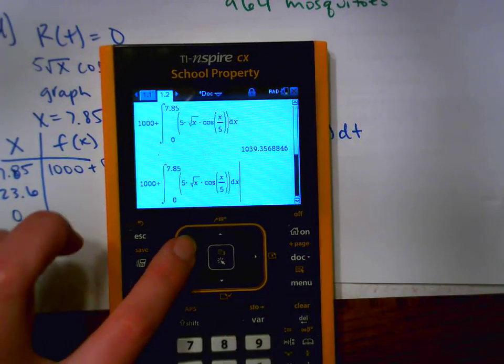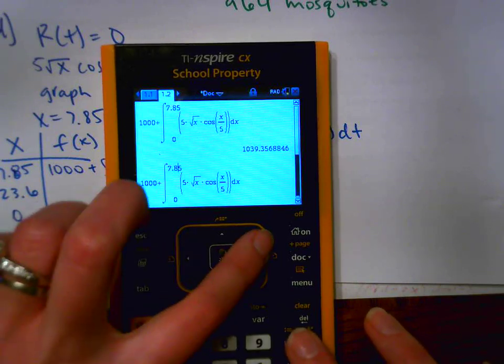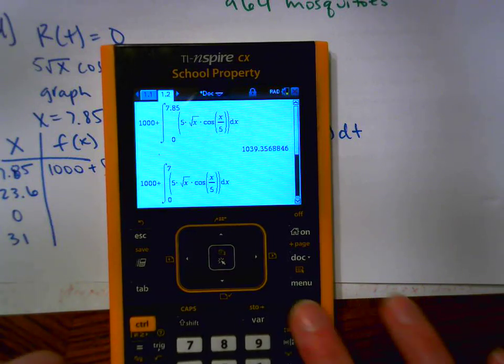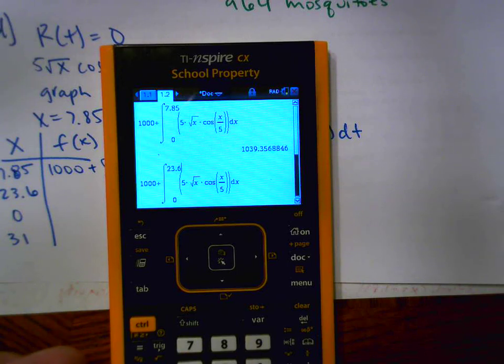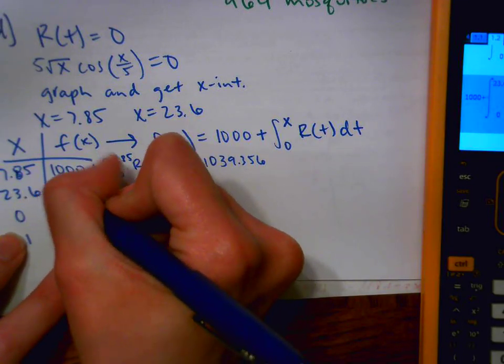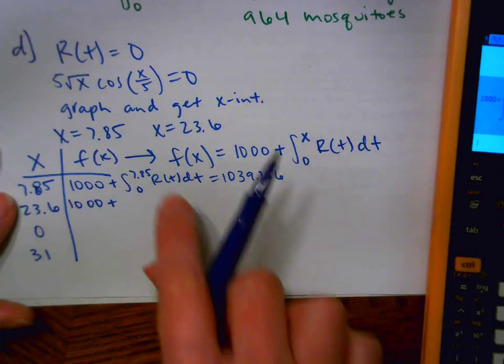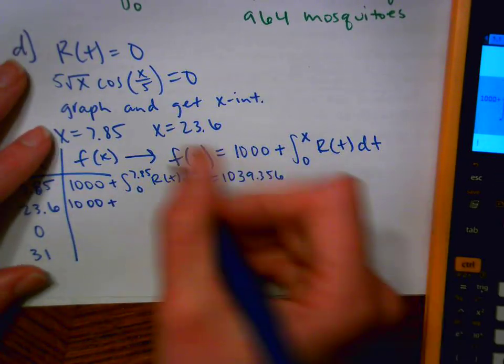Then we're going to do 23.6, the next x value we're going to test. So you highlight, change your boundary to 23.6, and that is 842.408. I'm going to be thorough and write this out every time. If you don't have time and you just write out one, I think they would know that you know what you're doing.